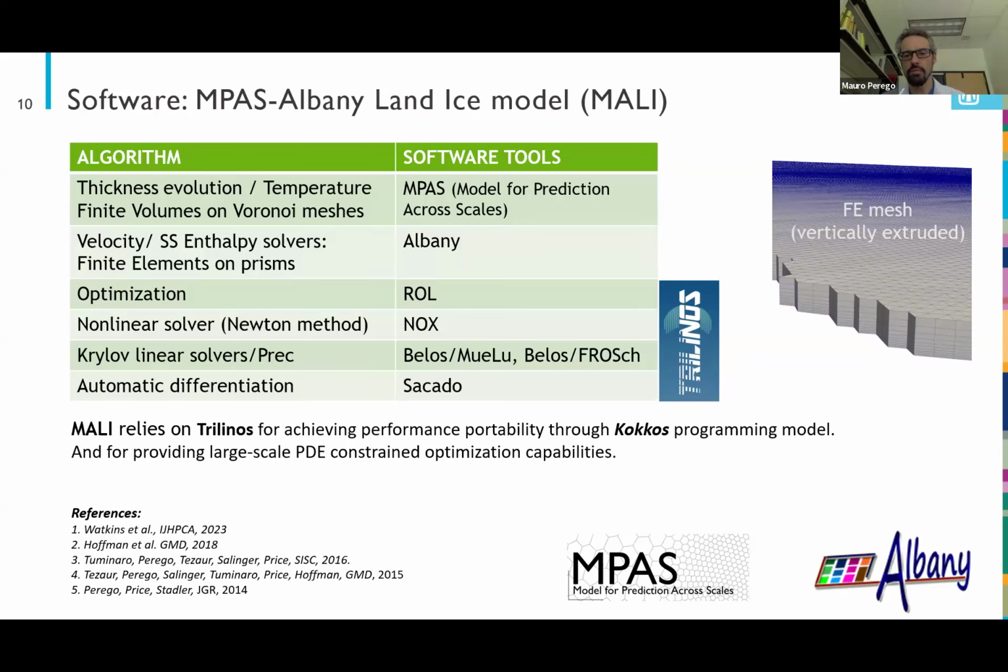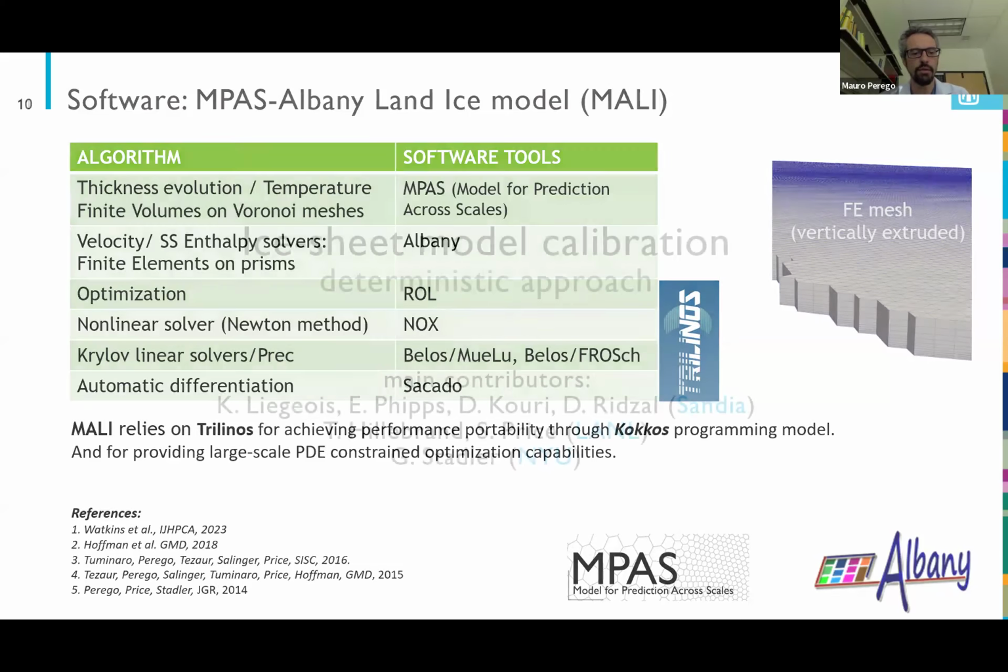Trilinos is a software library that is mainly used for linear solvers, nonlinear solvers, and in our case, we also use optimization packages in it, and an automatic differentiation package. And Mali relies on the Kokkos programming model for performance portability, so it can run efficiently on GPUs. And lately, we have been running it on Frontier.